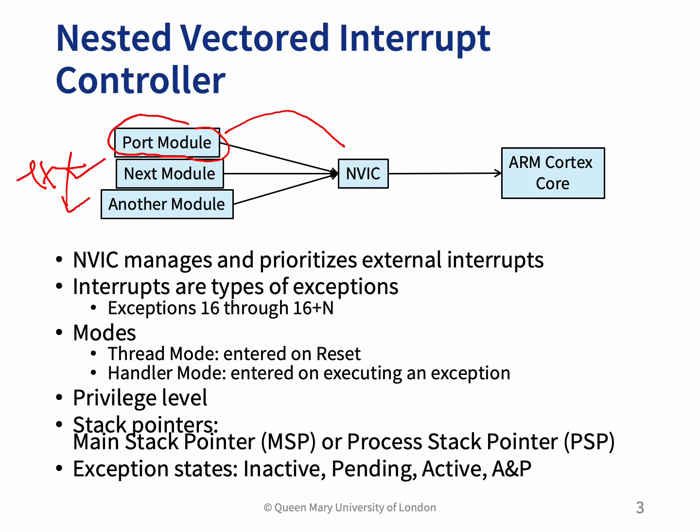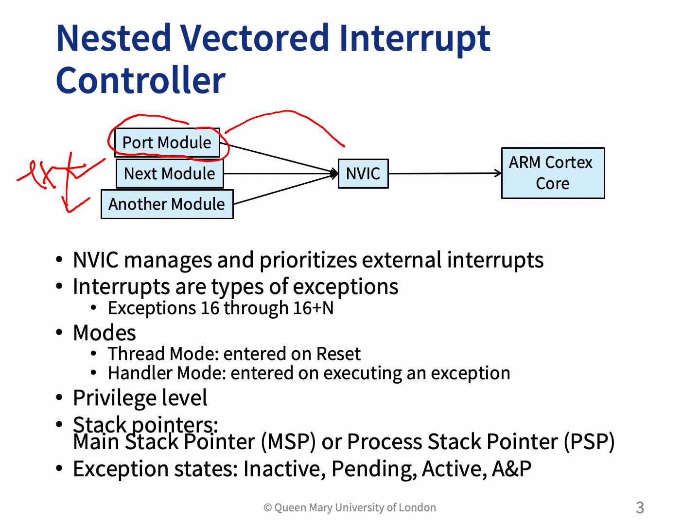Next, I'd like to talk about how we can know the exception number for the NVIC. Remember that you have learned the exception number, so there is a range of exception numbers to deal with the interrupt. You can look into that in slide number 17.